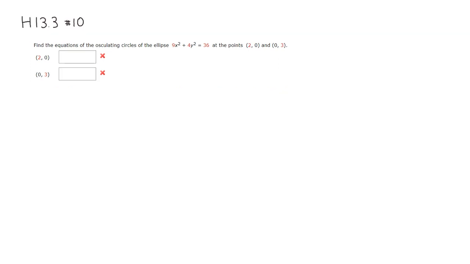First we have to find the curvature. So I'm going to parameterize this ellipse. I'm going to rewrite it into a standard equation by dividing through by 36.